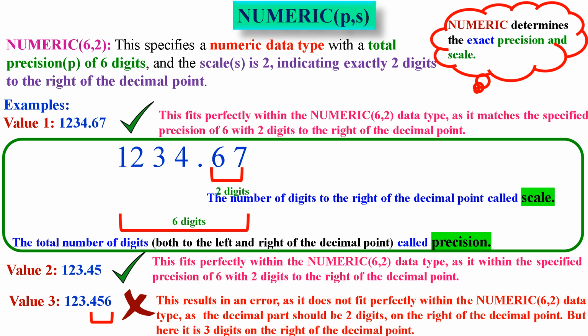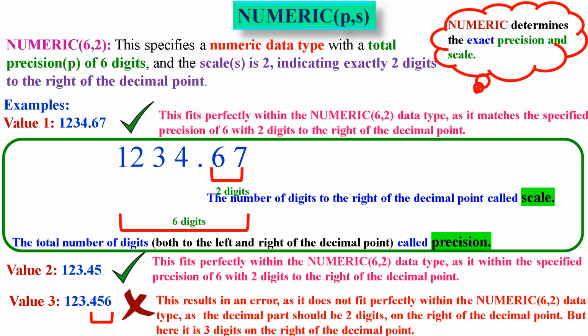Let's see some examples. NUMERIC(6,2). This specifies a numeric data type with a total precision, P, of 6 digits, and the scale, S, is 2, indicating exactly 2 digits to the right of the decimal point. Remember that numeric determines the exact precision and scale. Let's see the value 1234.67.